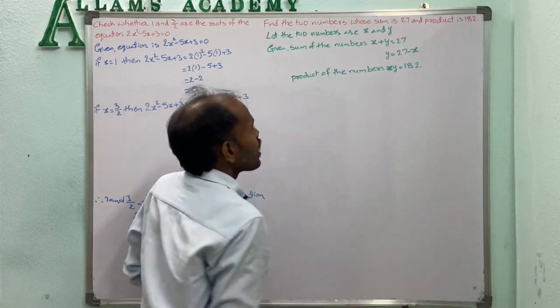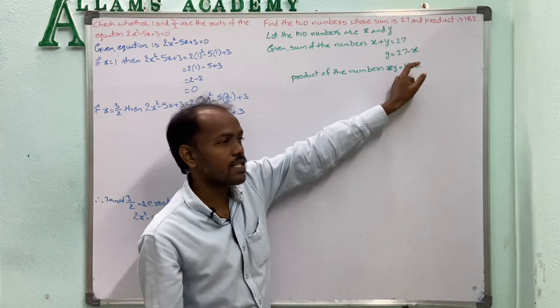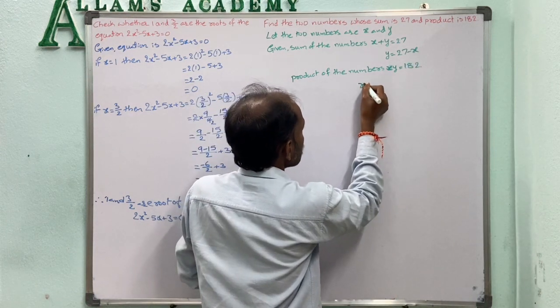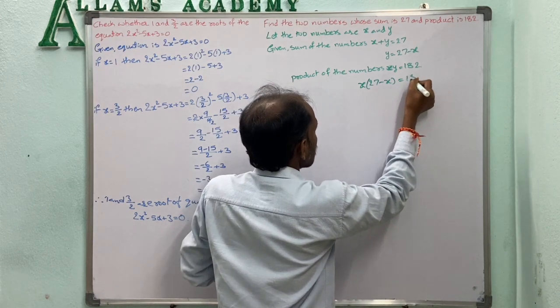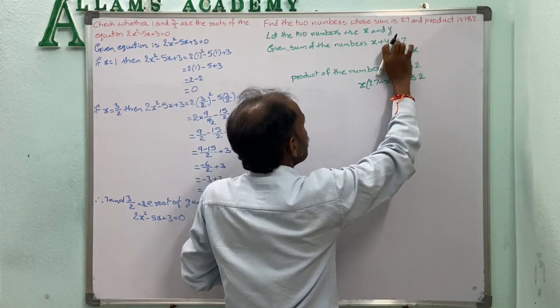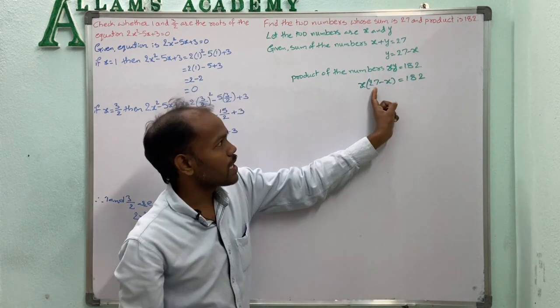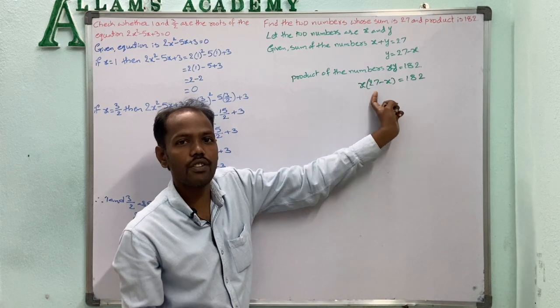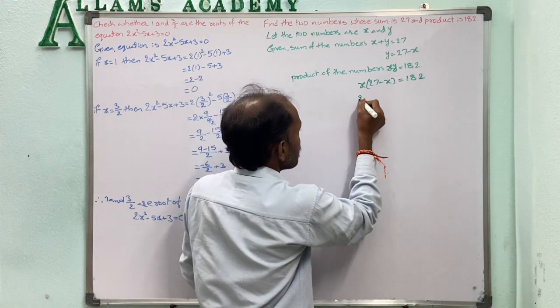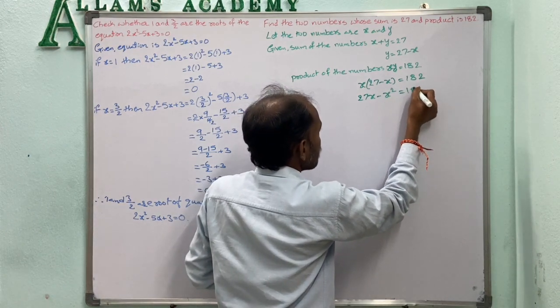Now in the place of y, we can write 27 minus x. So x into 27 minus x is equal to 182. Now x multiplied with 27 minus x: x into 27 is 27x, x into x is x square. So 27x minus x square equal to 182.